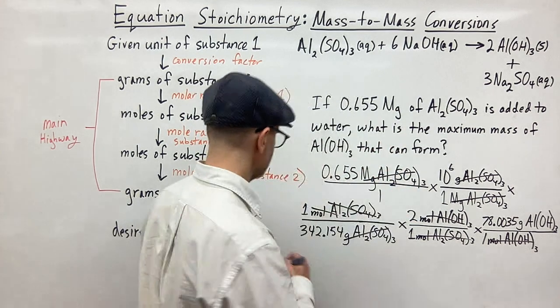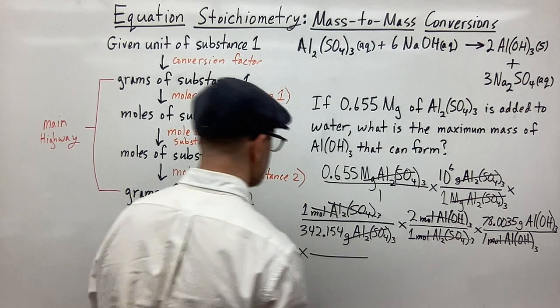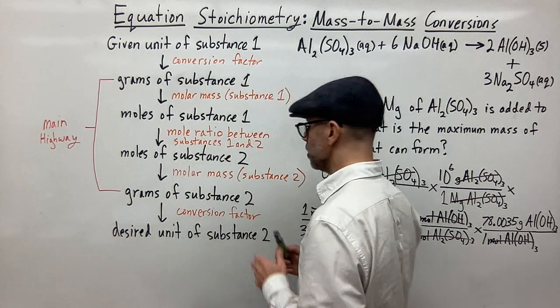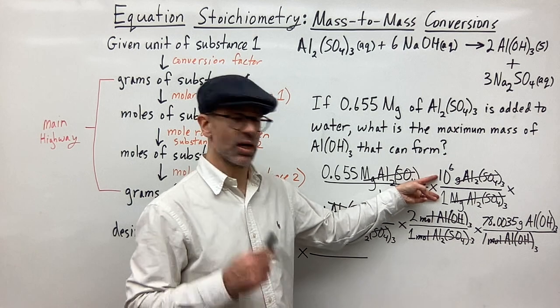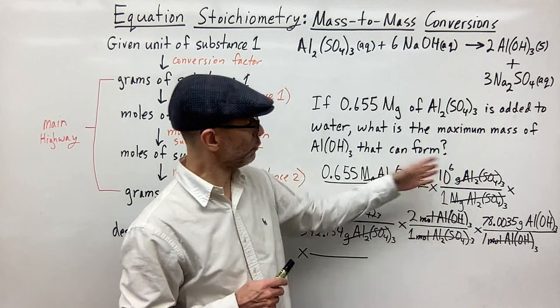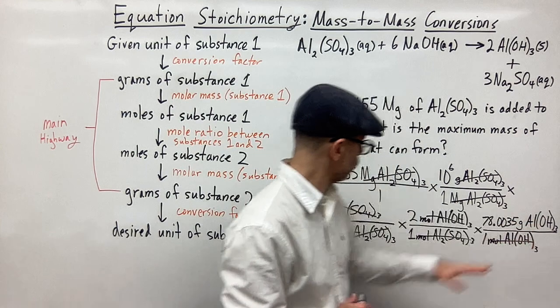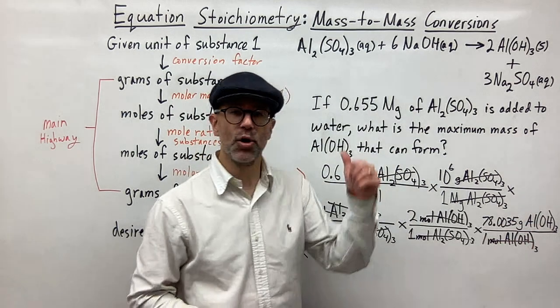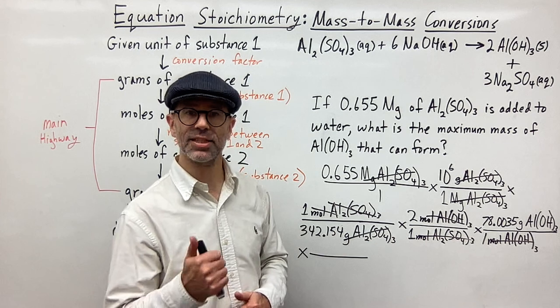So let us continue. We're going to do our last conversion here. We need to convert grams to megagrams. We're going to use the same relationship here, but we have to flip it because we have grams on top, so we're going to have to put grams on the bottom. Again, 1 megagram is equal to 10 to the 6 grams.